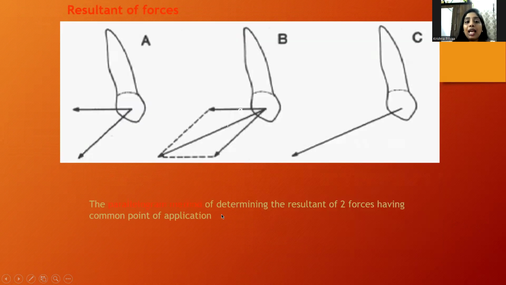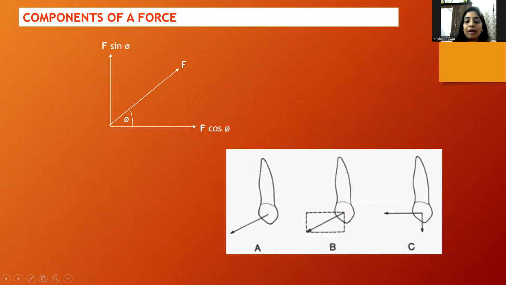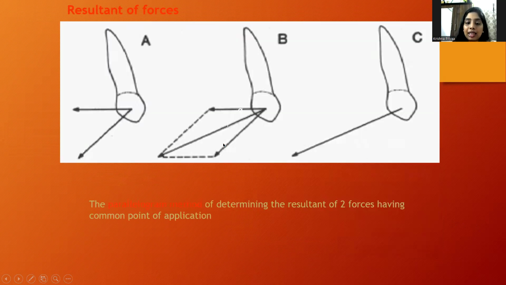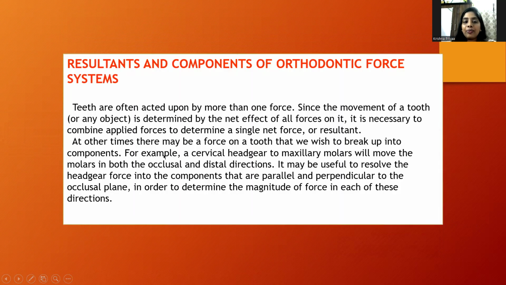So here we have the terminology for it, which is called a parallelogram method. It is very simple. You have a force here, right? So it is divided into a vertical and a horizontal component. Thereby, when you complete the vertical and horizontal, it forms a parallelogram. So the remaining will be the diagonal, which is the resultant of the forces.